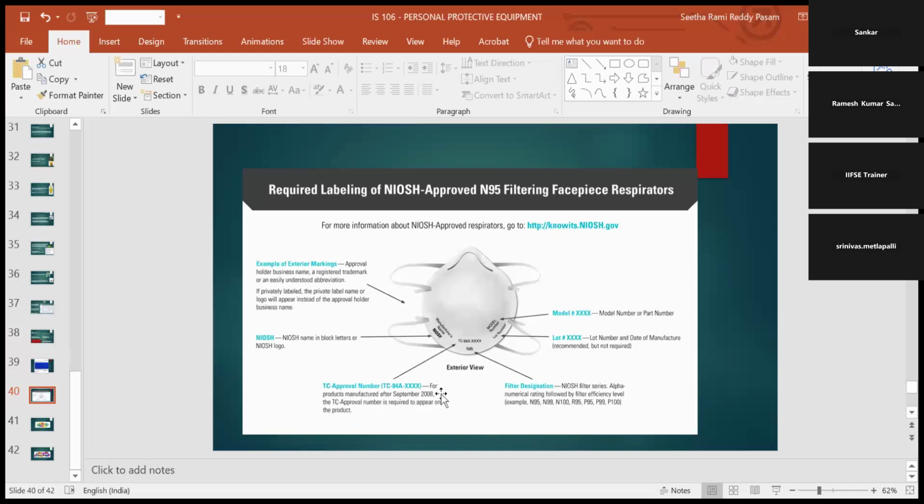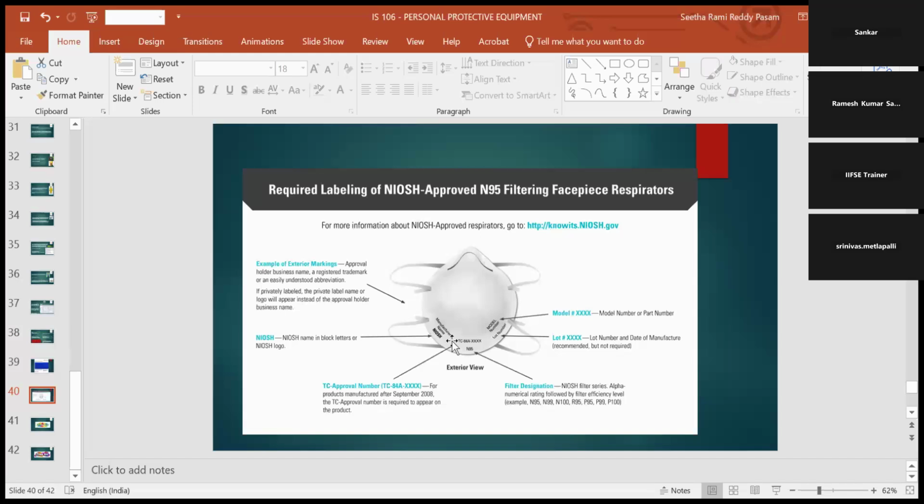Then TC approval numbers. Then the NIOSH name, which is certified by the National Institute for Occupational Safety and Health. So it is always advised to check these markings, certifications and labels on your PPE before selection.